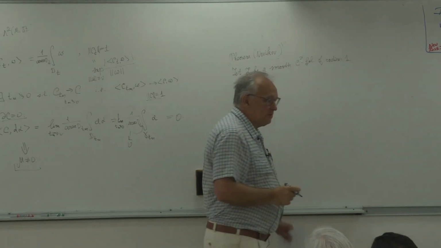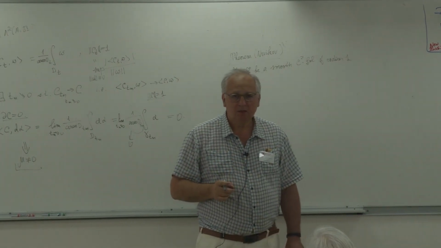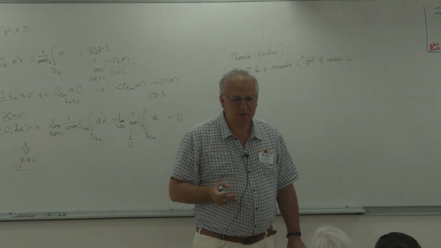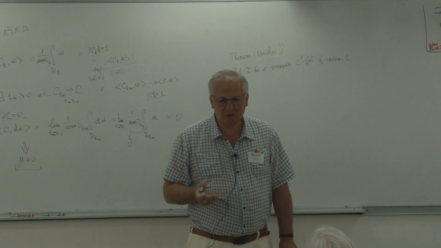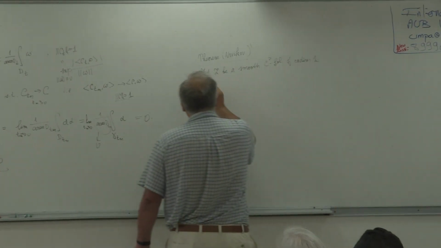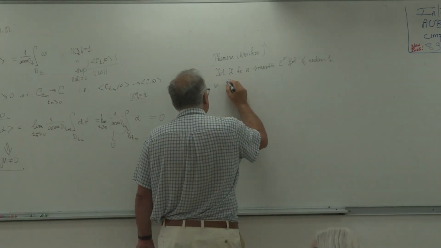So originally it was stated on a simply connected 3-manifold. But since then the Poincaré hypothesis was proved, and we know that the only simply connected threefold is the sphere. Okay? So on the sphere, on S3.